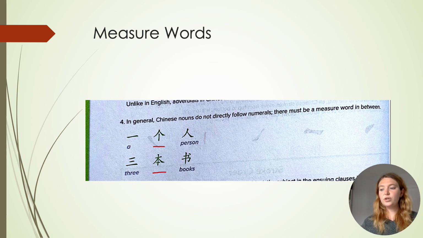Like, for example, you would say, I have a piece of paper, or I have a glass of water. We do that sometimes for things that are either uncountable or just certain nouns we use it for. But you would never say, like, give me a paper. You could. Some people would still understand you, but you would be more likely to say, give me a piece of paper. And that's kind of what a measure word is.